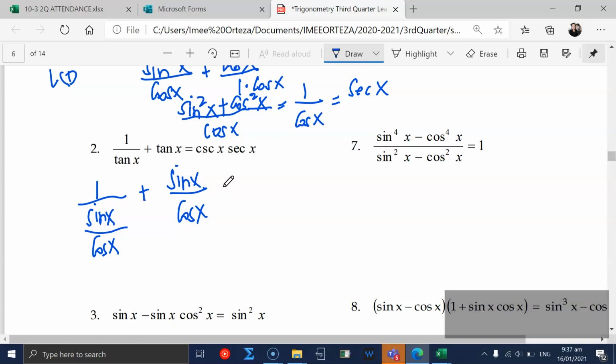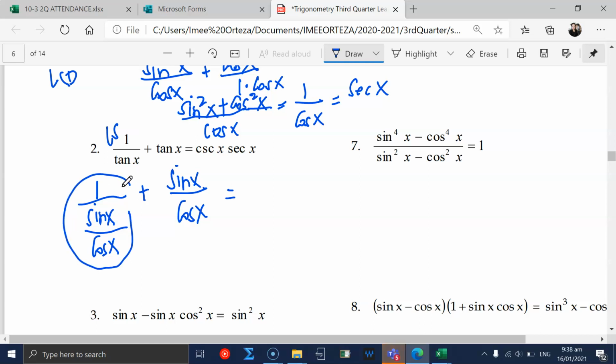So here, I shall work on the left side, and the first is a fraction, so that can be written as the reciprocal of sine x over cosine x. So, division of fraction, we take the reciprocal of the denominator, which is also a fraction. So cosine x over sine x, then plus sine x over cosine x. Notice that this is still a plus, and that's not yet a product, just like the one on the right side.